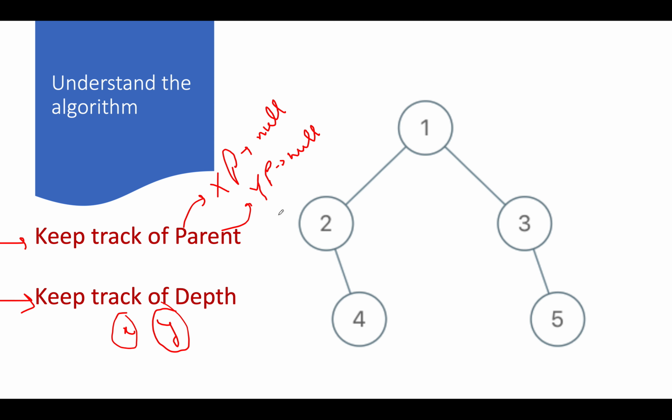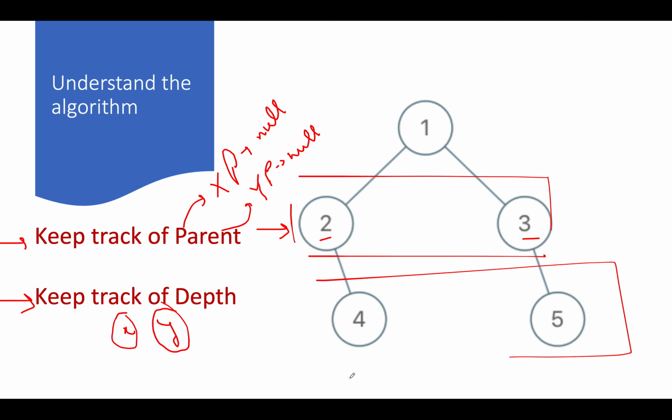Now we already are aware of two approaches, the BFS approach and the DFS approach. And in the first iteration, I'll be using the BFS approach. Why? Because all the nodes at the same level will be traversed simultaneously in BFS. For example, if 2 and 3 are to be traversed, since they belong to the same level, that means they have the same depth, they will be traversed simultaneously in the queue.